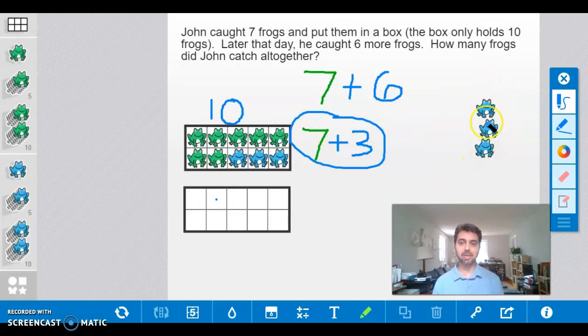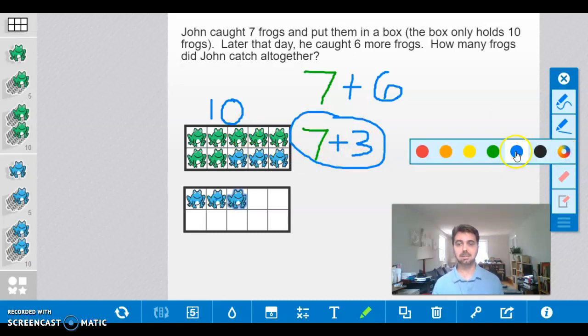We still have 3 blue frogs, right? Because he didn't just catch 3 more, he caught 6 more. So we're going to put these froggies into the second box. Boom, boom, boom. 1, 2, 3. So we have 7 plus 3 gets us to 10, plus 3 more.